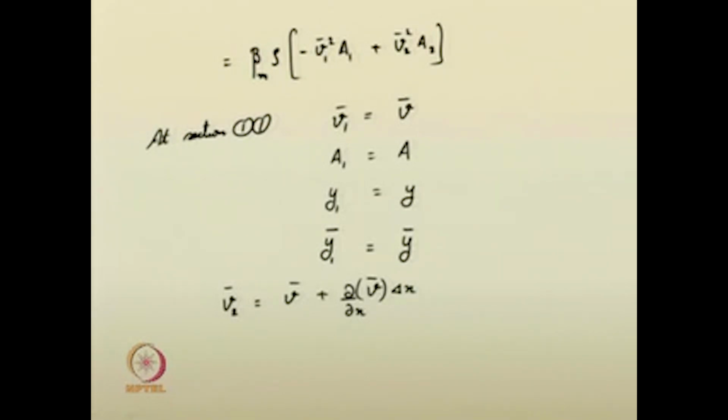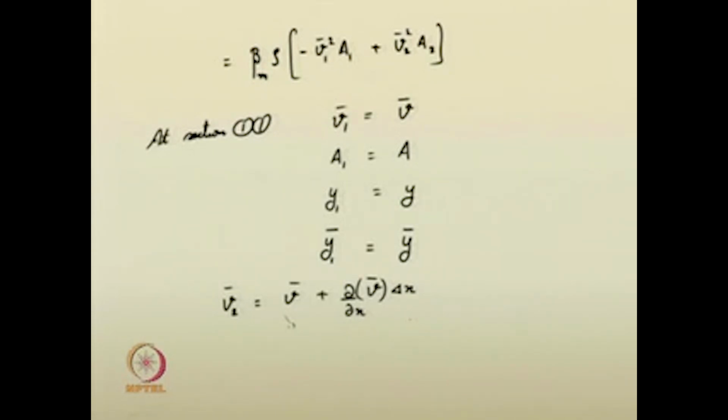That is the change in velocity as it moves in the x direction. This is the velocity in section 1 and this is the change in velocity as it traversed a distance del x. So, that relationship can be given in this following form.